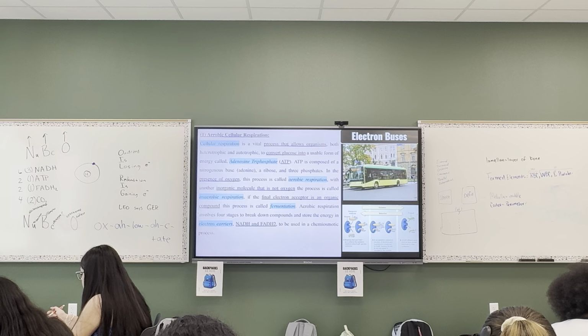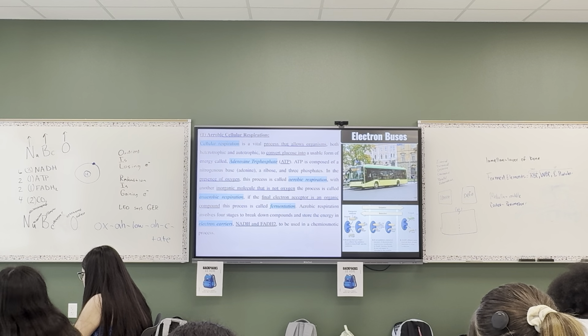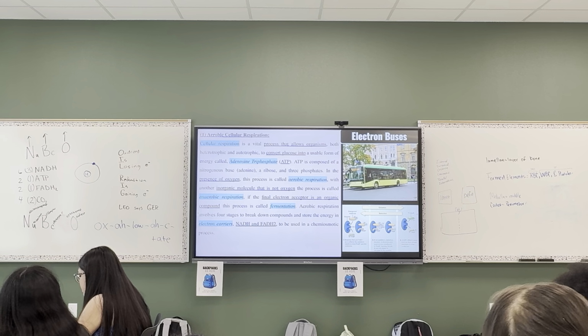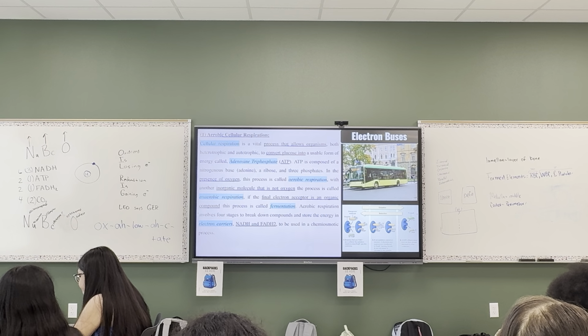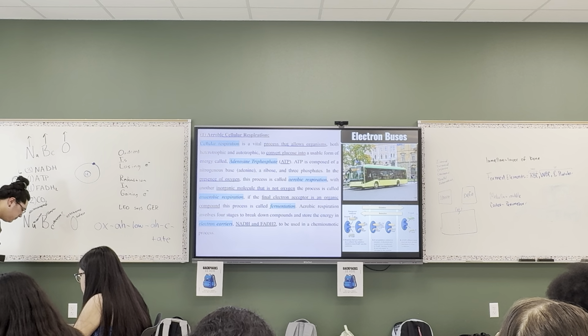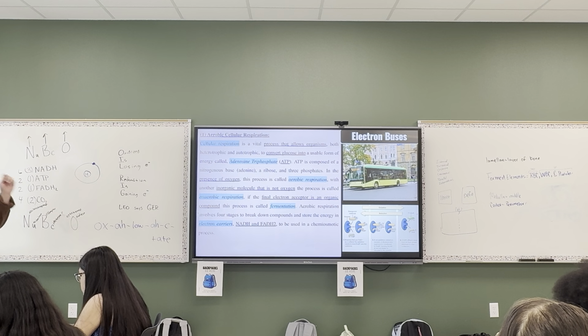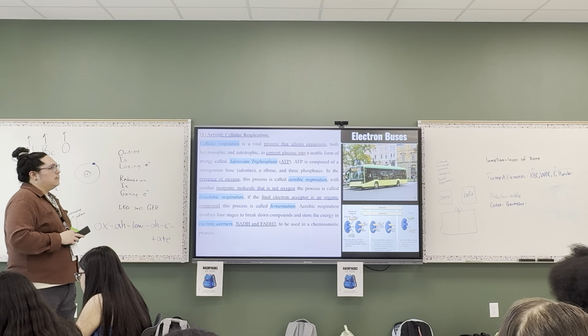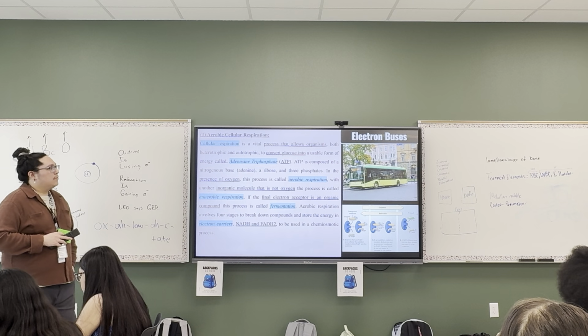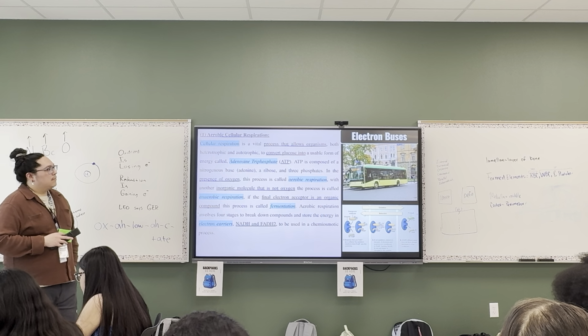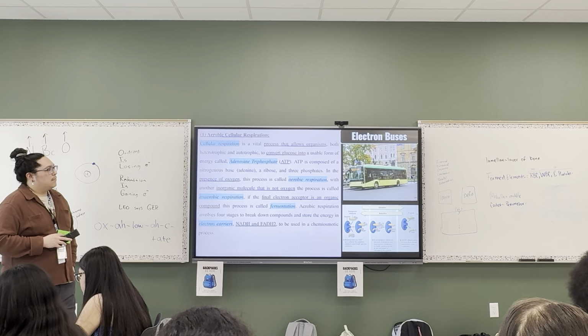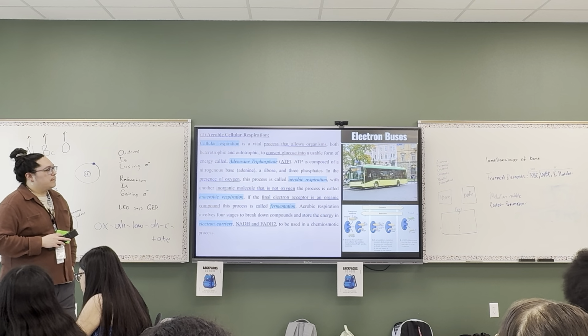Okay, so starting off with ATP is composed, if you would, go ahead and read it for me, please, Sam. ATP is composed of a nitrogen base, adenine, ribose, and 3 phosphates. In the presence of oxygen, this process is called aerobic respiration. With another inorganic molecule that is not oxygen, the process is called anaerobic respiration.